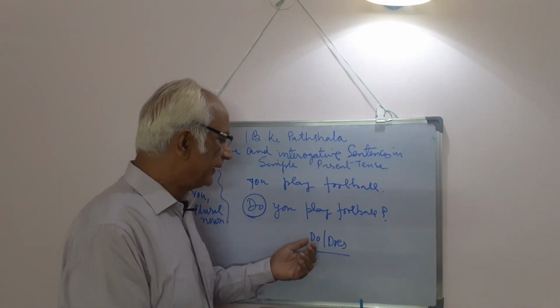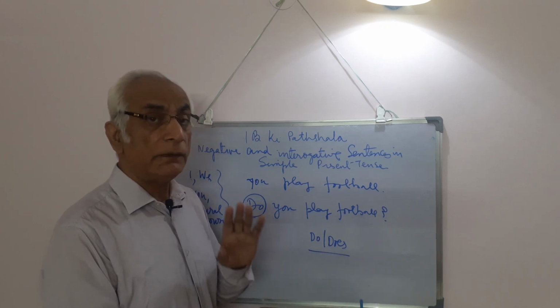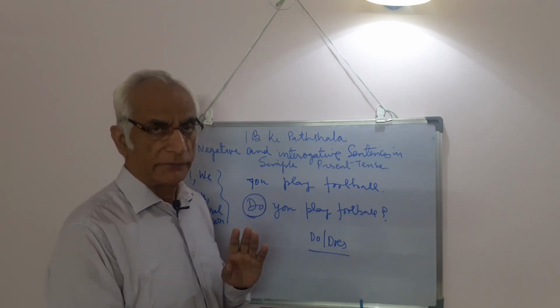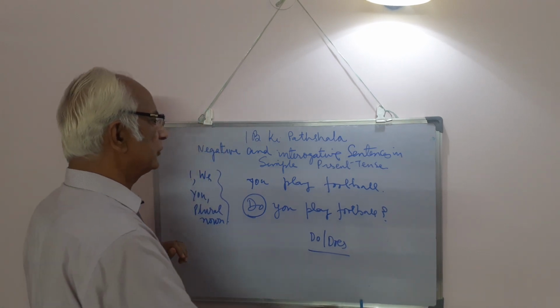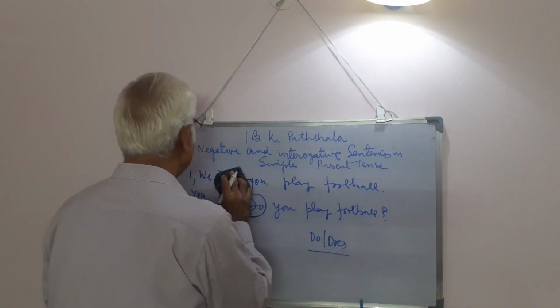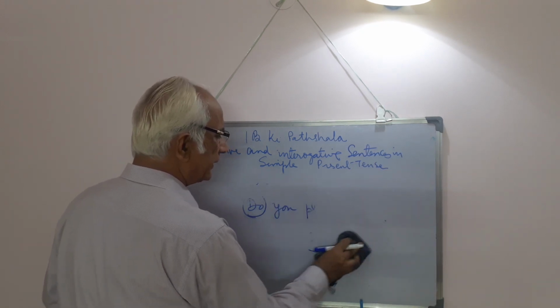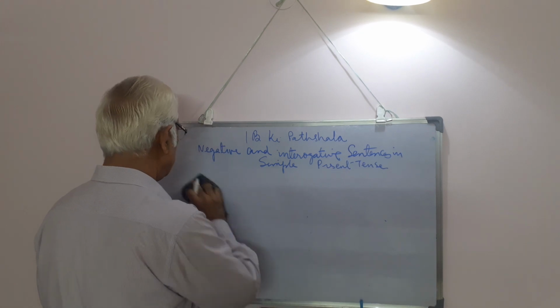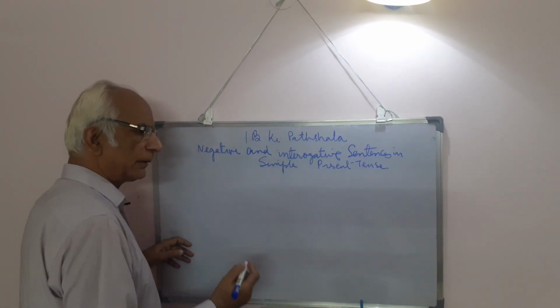We start the sentence with do or does, if it is in simple present tense. Okay? So this is the way we frame negative sentences and interrogative sentences when we are using simple present tense. I'll give you a couple of more examples.